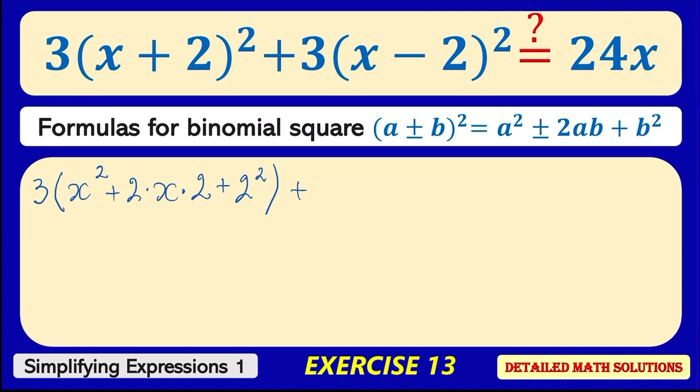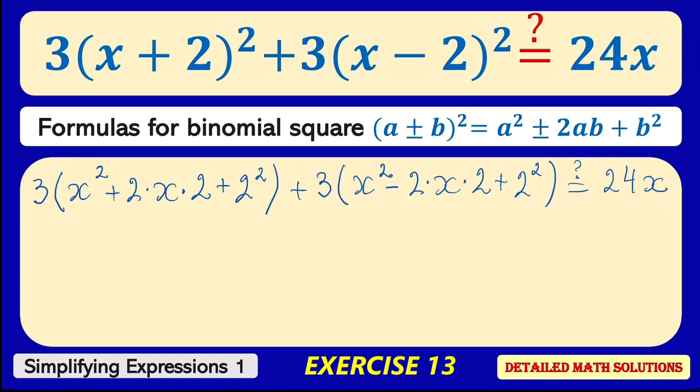Again, the variable x corresponds to the a in the formula and 2 corresponds to the b in the formula. And when I apply the formula, this equals 3x² − 2 times x times 2 + 2². And I need to see if this equals 24x.